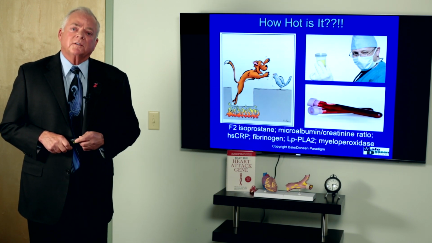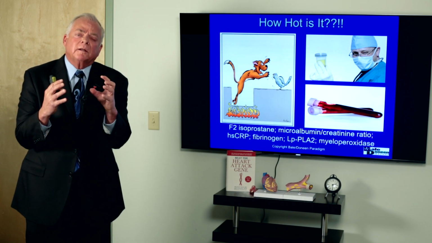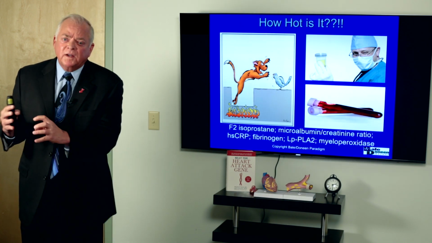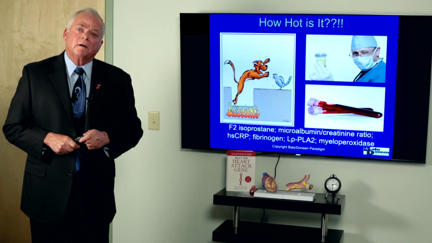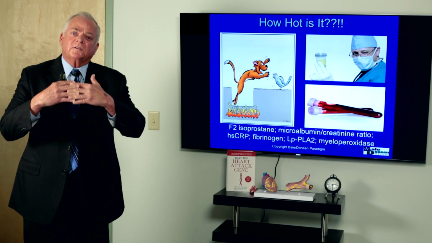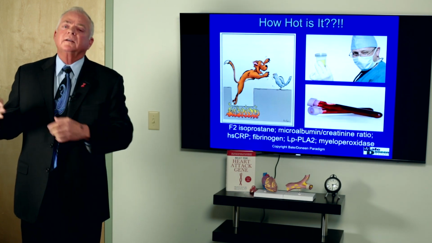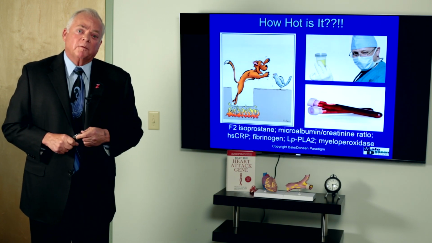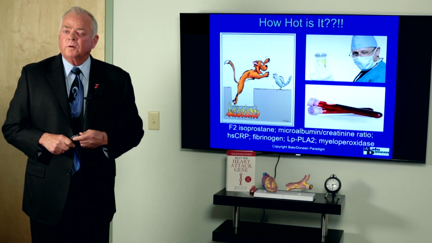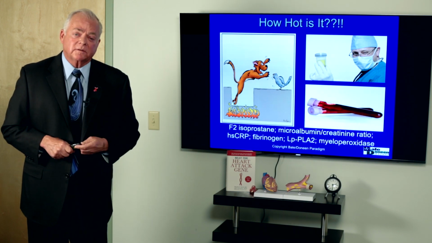Another urine test is simply looking to see how much of that huge protein albumin is seeping through the tennis court, the capillaries of the kidney, to show up in the urine. If your tennis court's tight and it's healthy, albumin should struggle to get through into the urine. So when we're seeing a lot of that, we know the tennis court, the most important organ in your body, is failing, and that's dangerous.